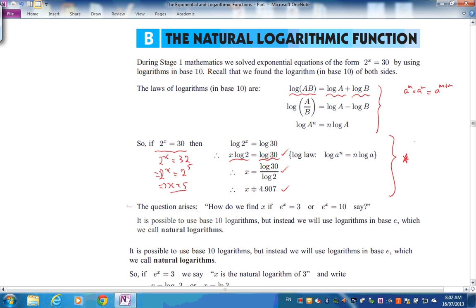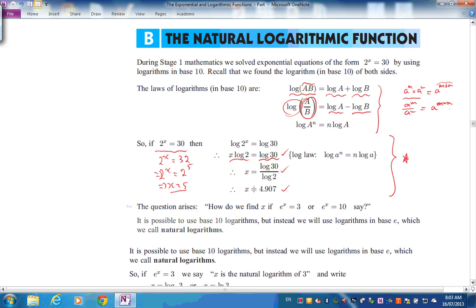So because logs are powers of the base, you're going to use the power rules. You add them. For multiplication of two terms like AB, you'll add the powers. And then for division of terms, you subtract the powers. So if you're looking at the log, you are looking at the power of 10 here of a quotient. So you'll subtract the individual powers.